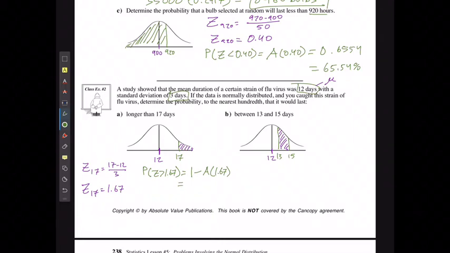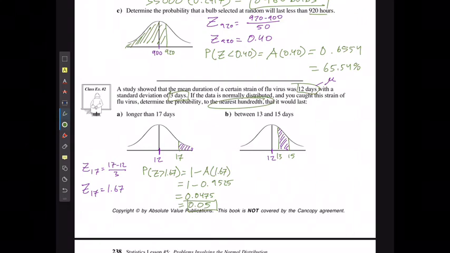Which means this is going to be 1 minus 0.9525, which would equal 0.0475. If it wants it to the nearest hundredth, I'm going to say 0.05 is the area above there, or there is a 5% chance.